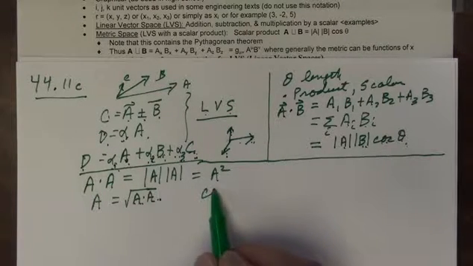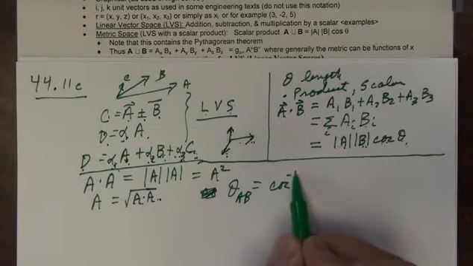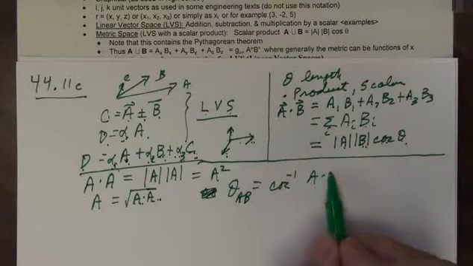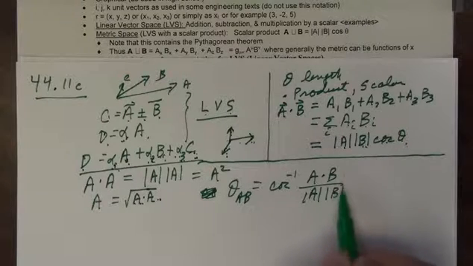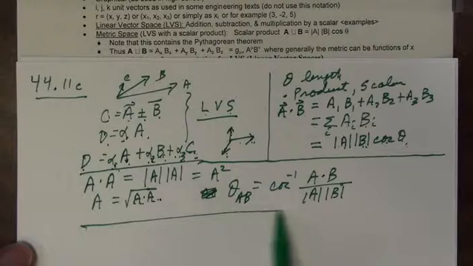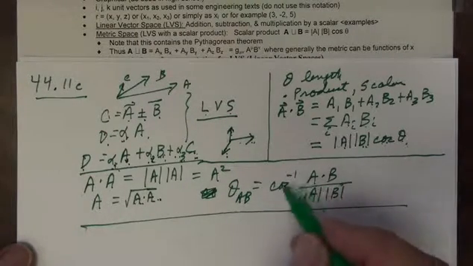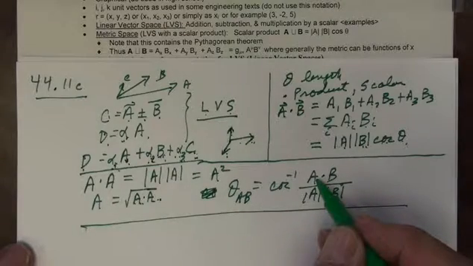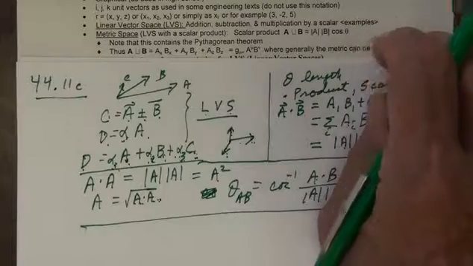So the angle between A and B is going to be the inverse cosine of A dot B divided by the length of A times the length of B. And now I have length and I have angle, the Pythagorean theorem, and this theorem here. And now I can do all kinds of geometry, even in n dimensions. In 7 dimensions, I can now find the angle between two vectors and the length of a vector. And so that's very powerful.